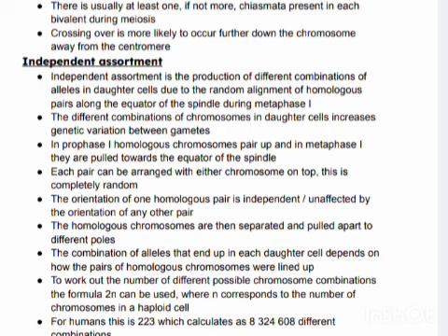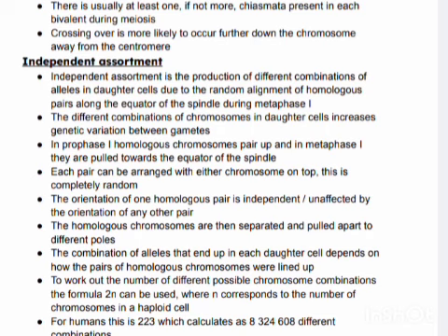So when the cytoplasm divides, each cell can have a different combination of chromosomes. This is what independent assortment is: the alignment is not dependent on anything. It's very random. So the different combinations of chromosomes in daughter cells increase genetic variation between gametes.